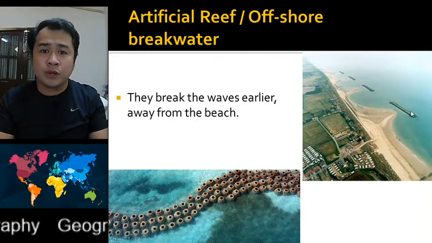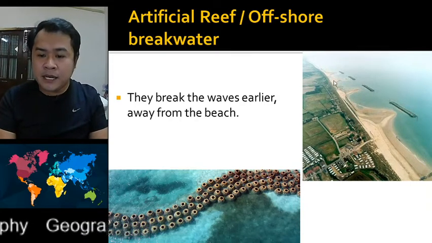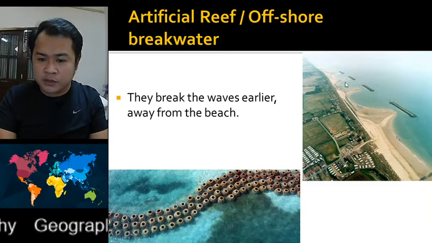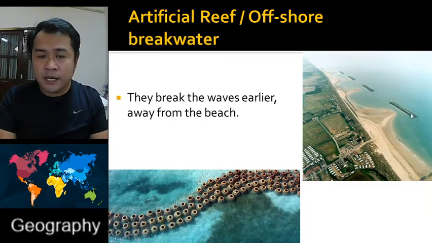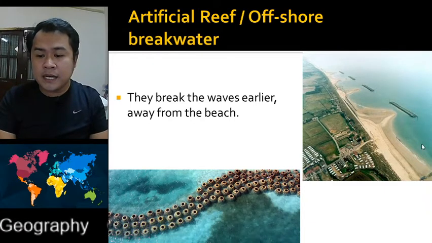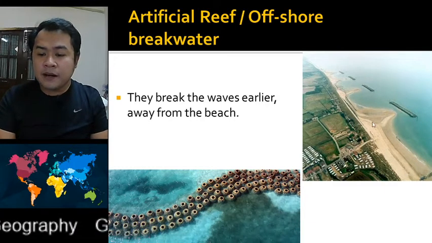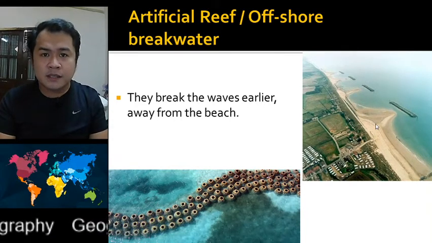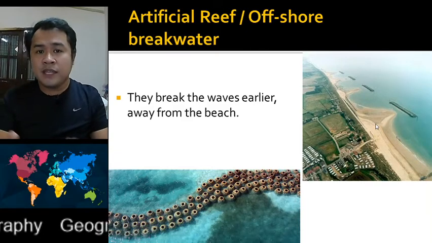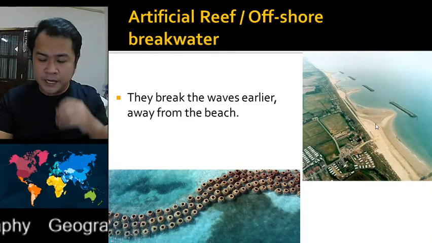It means when waves come, instead of clashing or destroying or breaking along this coastline, it will break here. Once it breaks in here, the energy of the wave becomes lesser before it touches the coast. So these will absorb the energy of the waves.